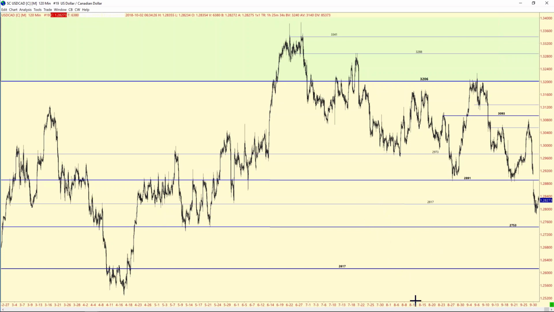As far as upside resistance, go straight up with the technicals. Just 28.91 right there.